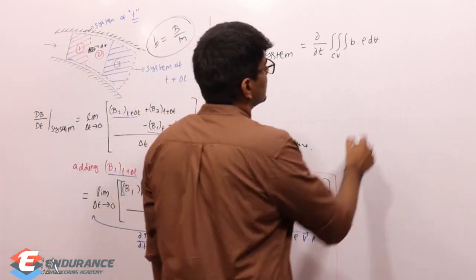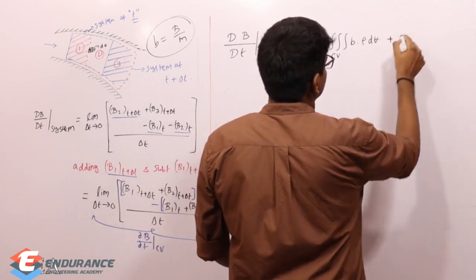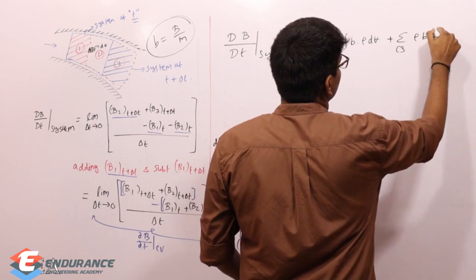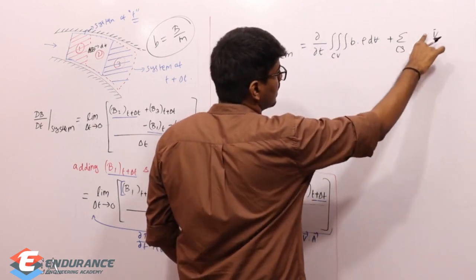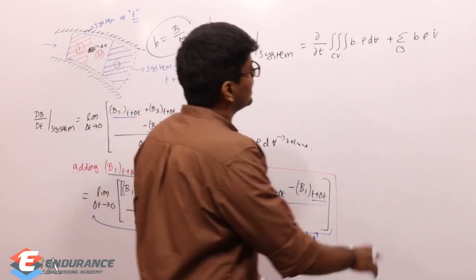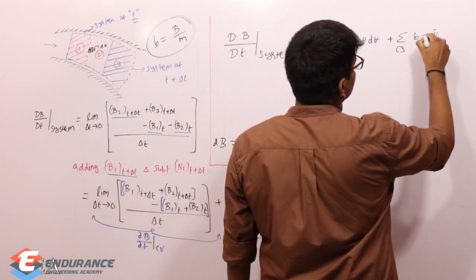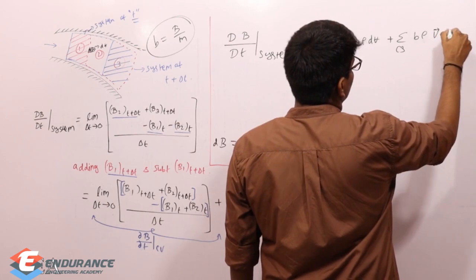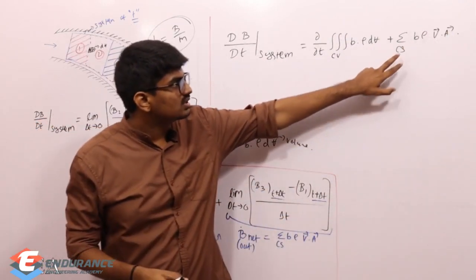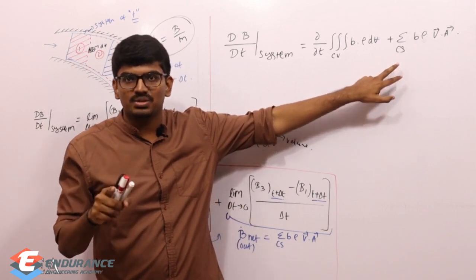Plus this is the summation over the control surface of rho b. I will write it like b rho, I think that will be better. Yeah, b rho V vector dot A vector. In other words, I need to use summation if the velocity profile was uniform.